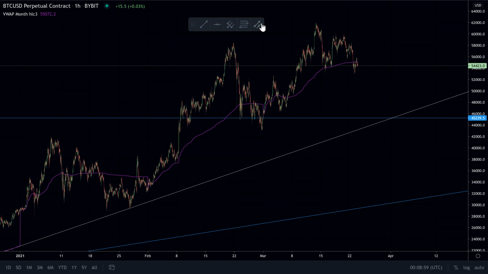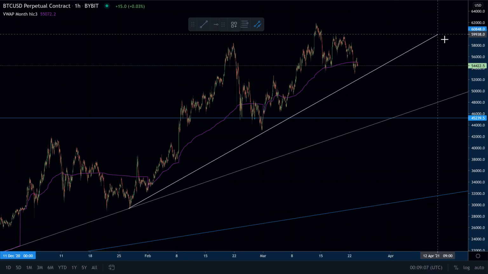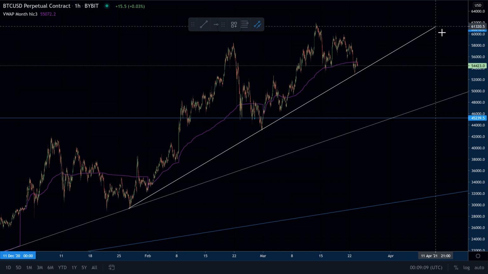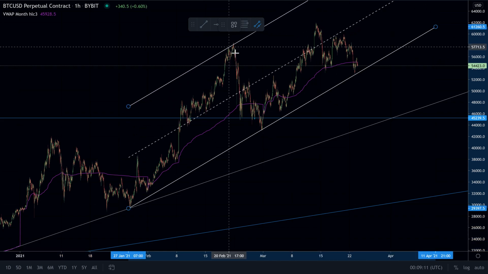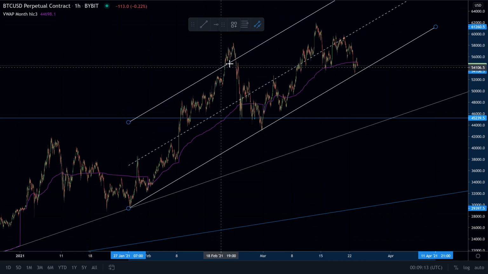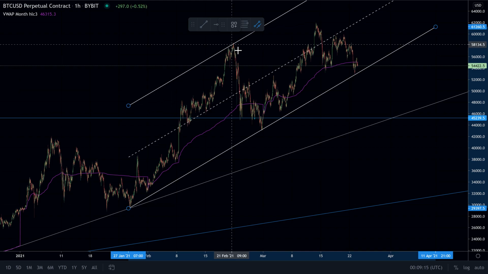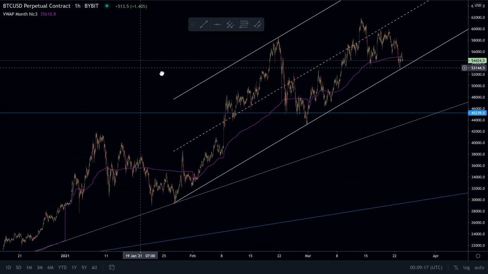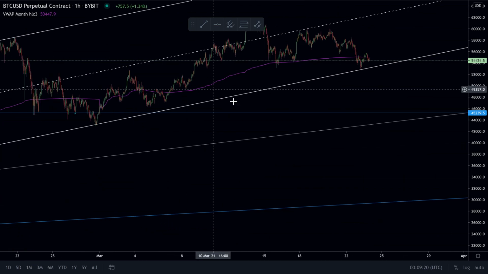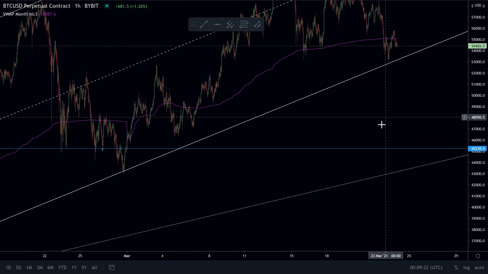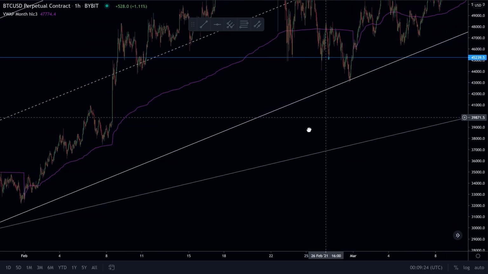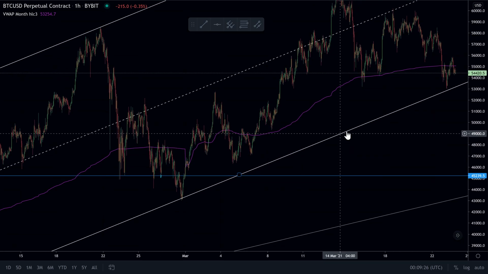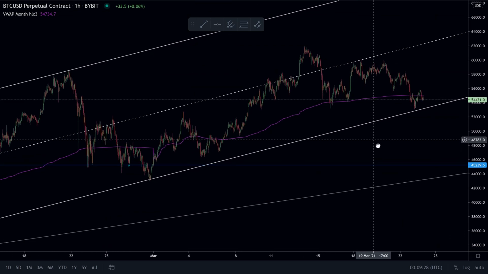So even on 1 hour chart, you have to have big channels drawn because they often are big support for us. So this was the major low connected to here. So this is really huge channel.